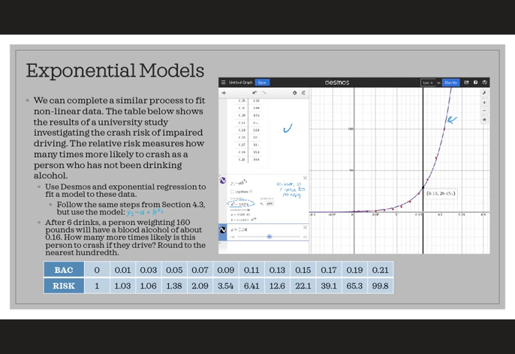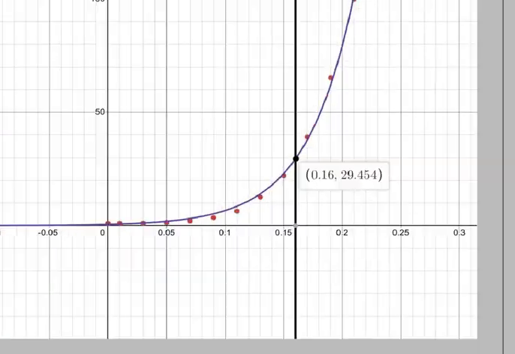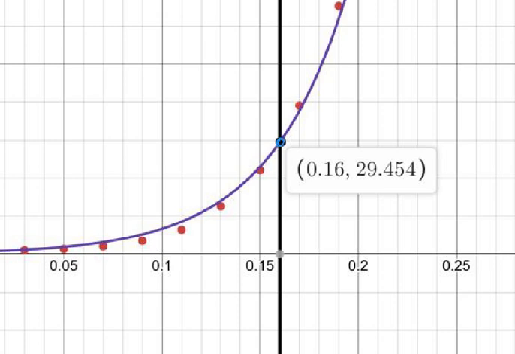Okay. Our BAC is used as our X value here. Our risk is used as our Y value. So we're going to say X equals 0.16, okay, which is down here on this third line. And then over here where they intersect, okay, gives us our answer.